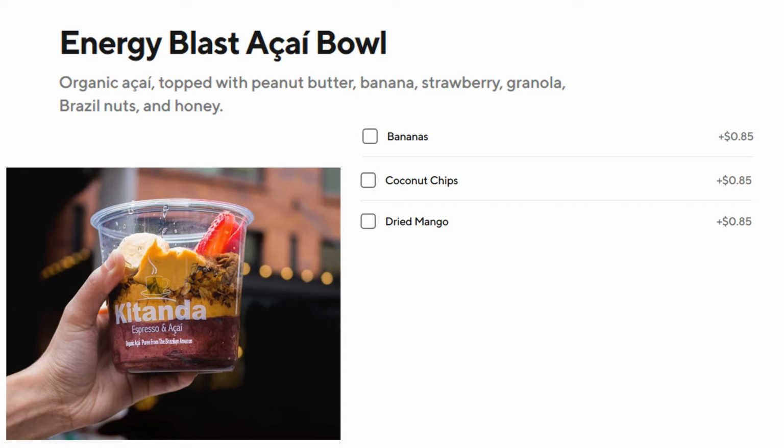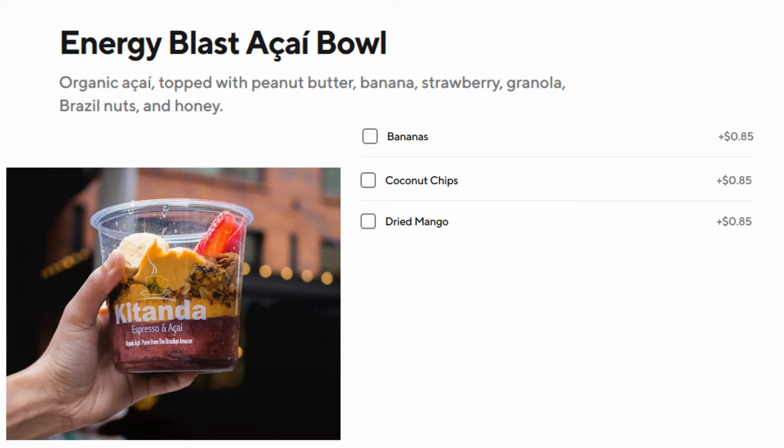It's so good. So our question is though, the description right there is one set price. But then if you want to add on other toppings, it's an additional cost per topping. Like to add more bananas, 85 cents, coconut chips, 85 cents, dried mango, 85 cents.